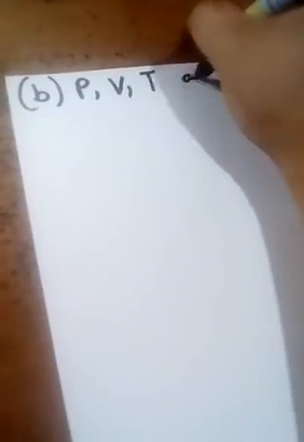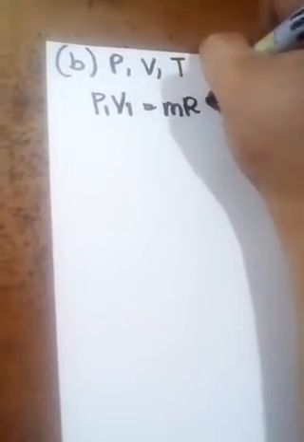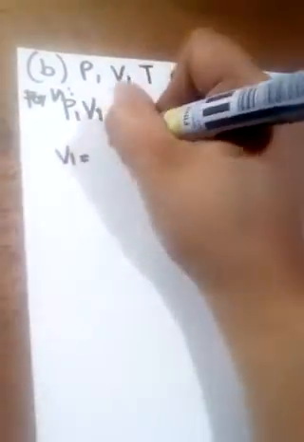For the second unknown, we have PVT at each corner. We're going to use the ideal gas equation, which is PV equals MRT, to solve for V1. Therefore V1 equals M R T1 over P1.